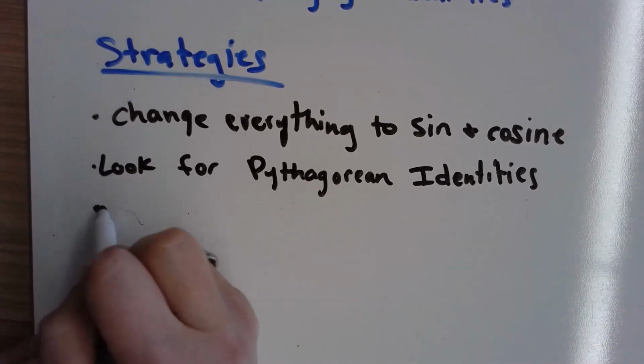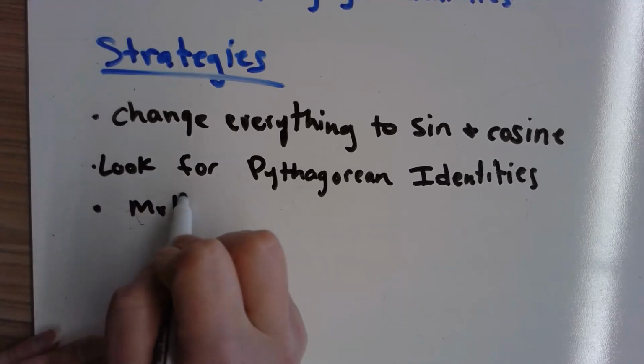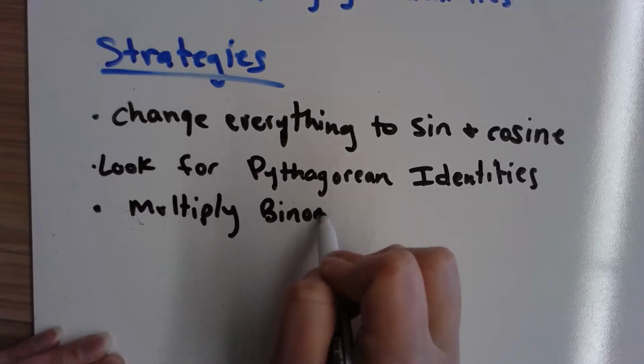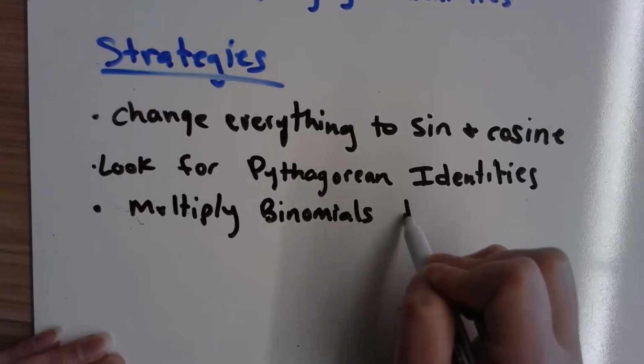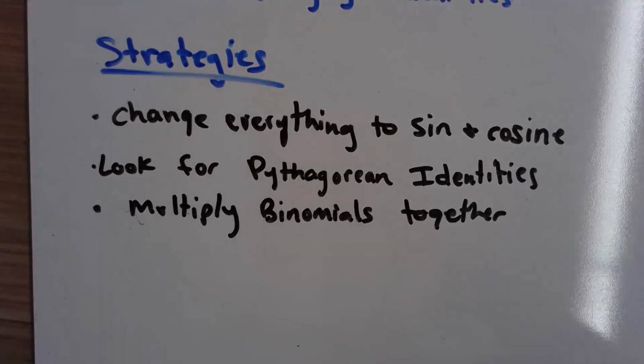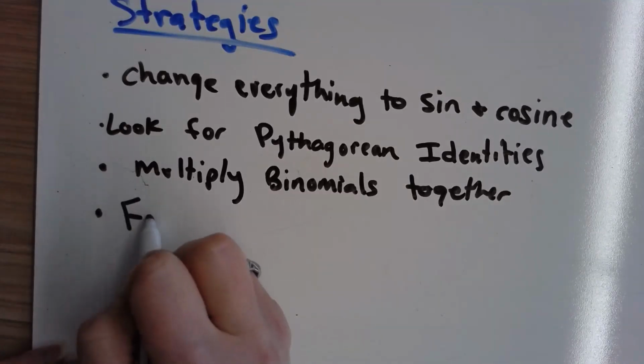Okay, if you have any binomials, multiply them together. So if you have opportunity, you're going to FOIL that out, multiply them together. If you have fractions, always find a common denominator.